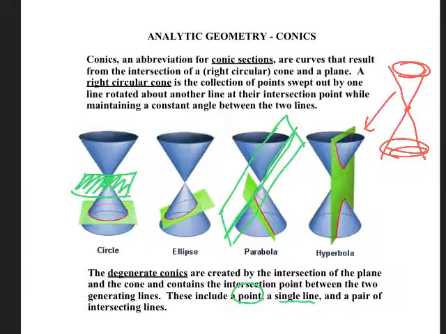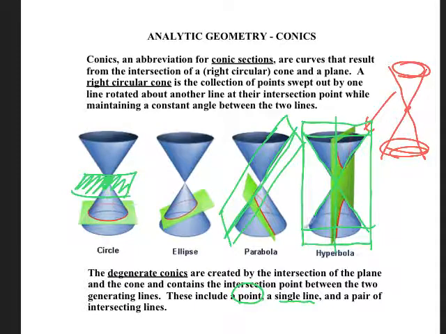And if we take that plane and we intersect the double cone parallel to the axis so that it cuts right through the center, you actually see that the only points of intersection are going to be the edges of the double cone, which is a pair of intersecting lines. Those 3 conics are called degenerate, and we're not going to be studying those.